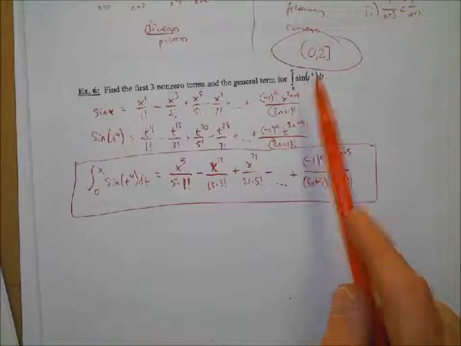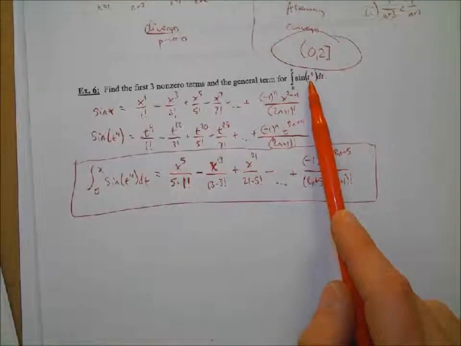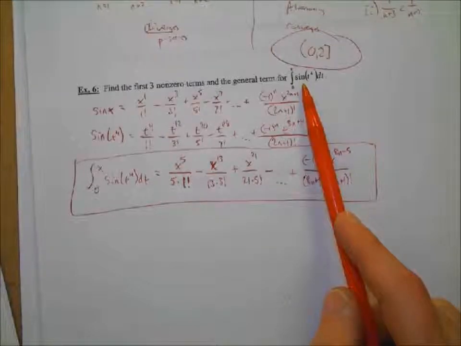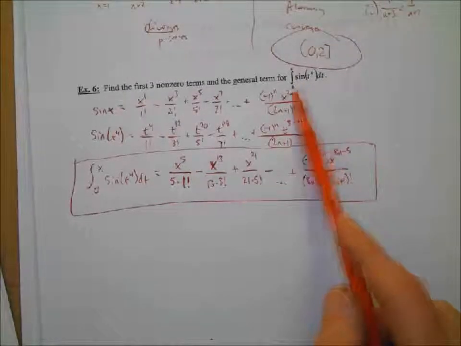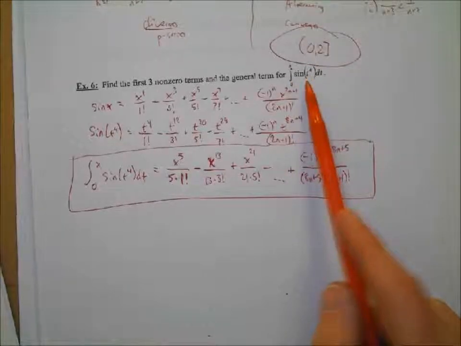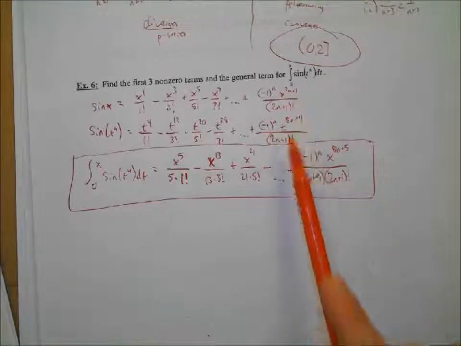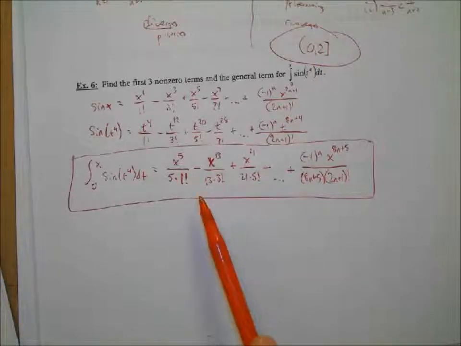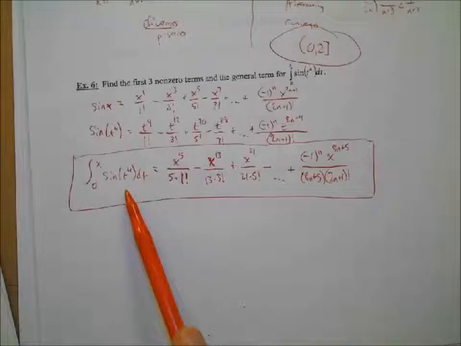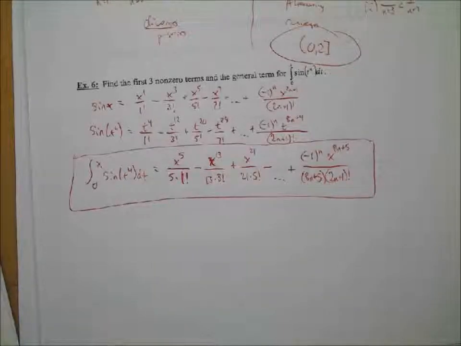You could let u equal t to the fourth, but then your du would be 4t cubed, and you don't have that here. And integration by parts wouldn't really work here either. So we just integrated something that, prior to this, we were unable to integrate. We now have a series that is equivalent to this integral, that we otherwise wouldn't be able to do.